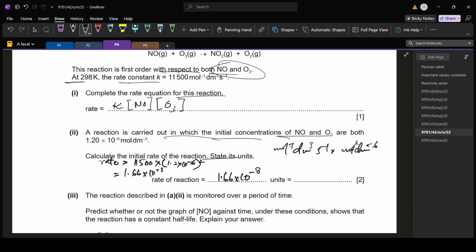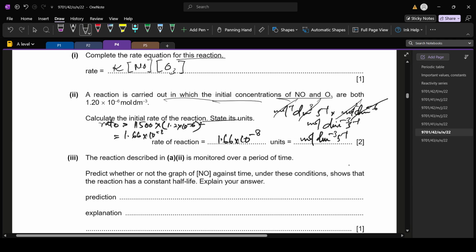This mole cancels out with this mole, so this becomes 1 mole, and then dm cube cancels out with this dm cube. So mole per dm cube per second. These are the units of rate. You can also remember these: rate is concentration upon time, so the units of concentration and then the unit of time.